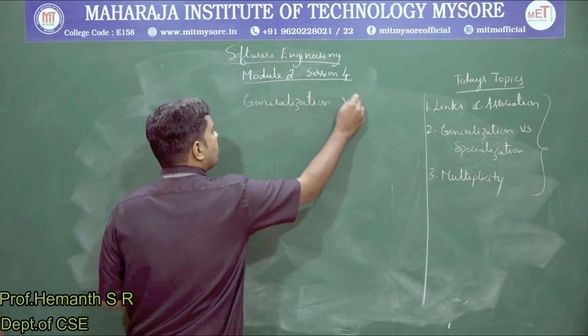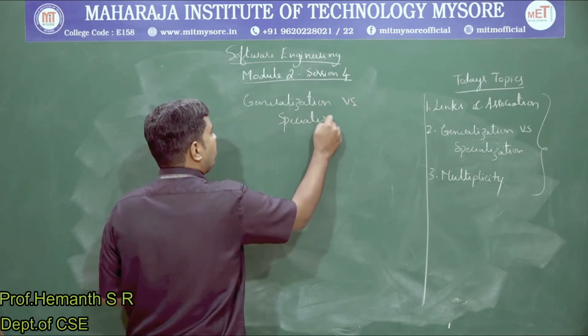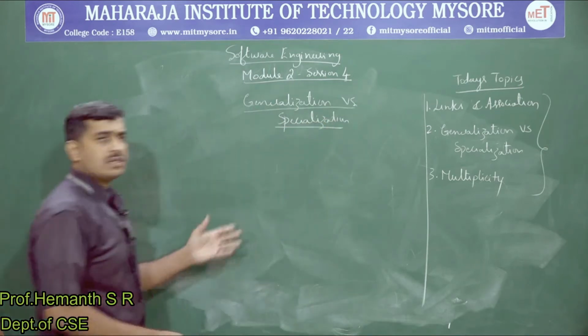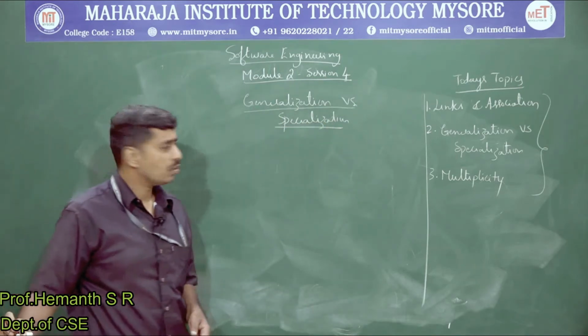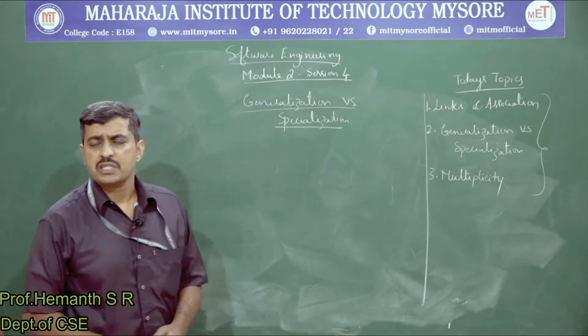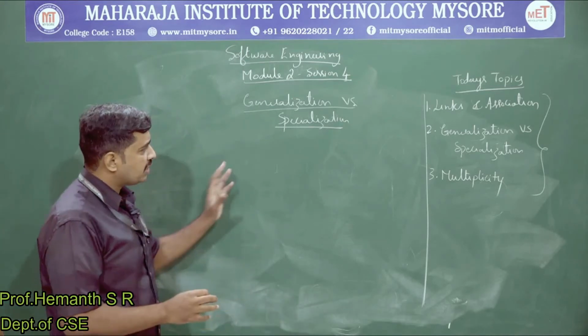Generalization versus specialization. What exactly is this in terms of class modeling? See, as we understood in the previous discussions, we can have multiple classes as part of the design.